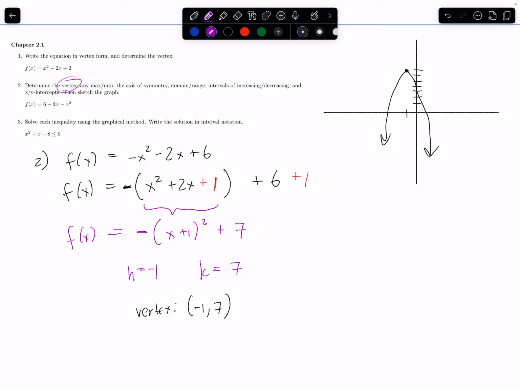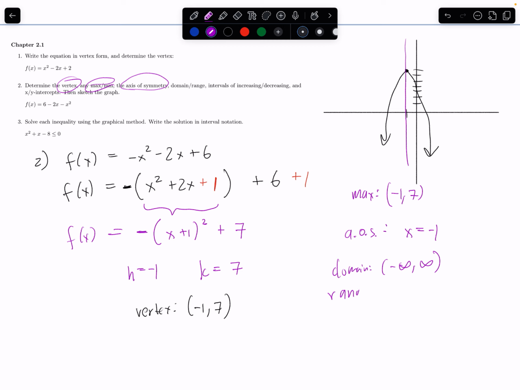Got the vertex. The max, there is a max, is at negative 1, 7, right? The maximum value is 7 occurring at negative 1. So that's that. Axis of symmetry, that's just the line that splits the parabola in two. So axis of symmetry is x equal to negative 1, right? Domain and range. Domain is everything.